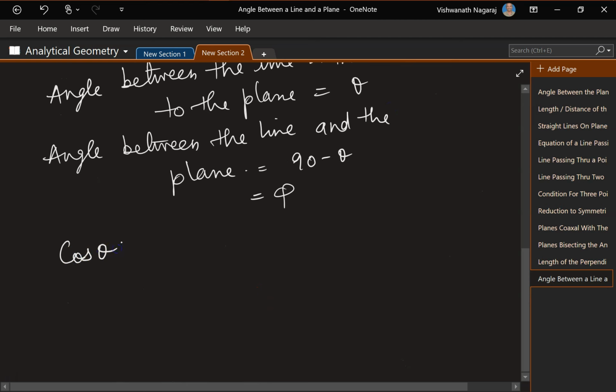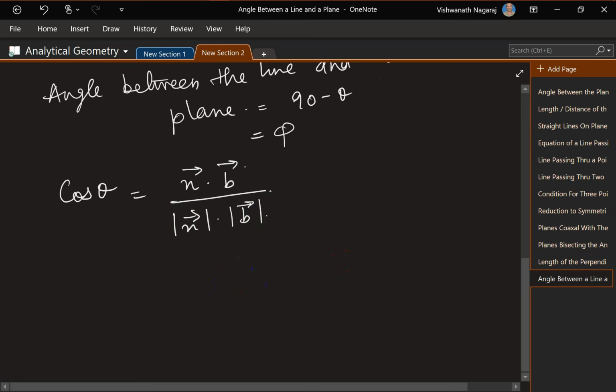So cos theta is equal to, and we know this again, vector n dot vector b by magnitude of normal times magnitude of the vector. Now we know phi is equal to 90 minus theta, which means theta is equal to 90 minus phi, right? So cos theta can be written as cos of 90 minus phi.